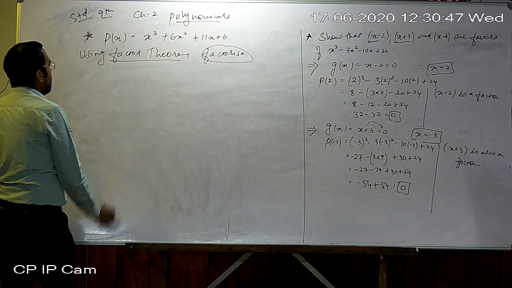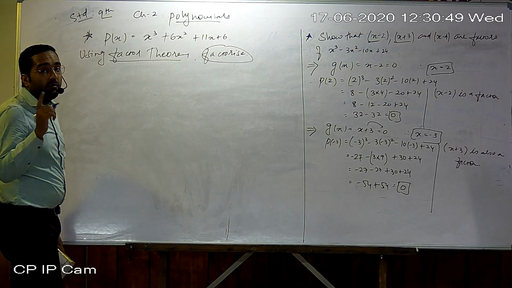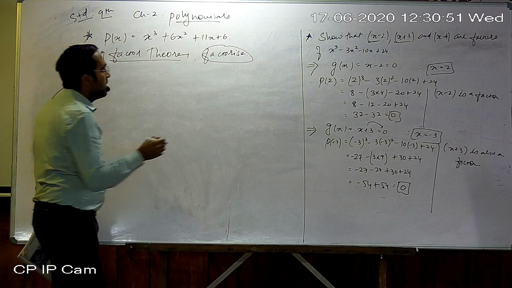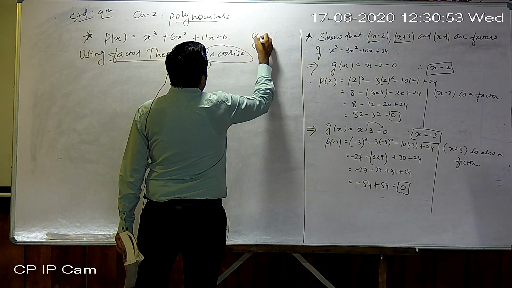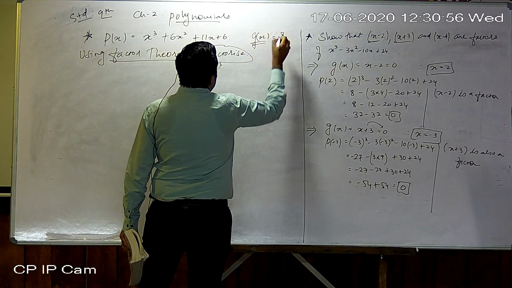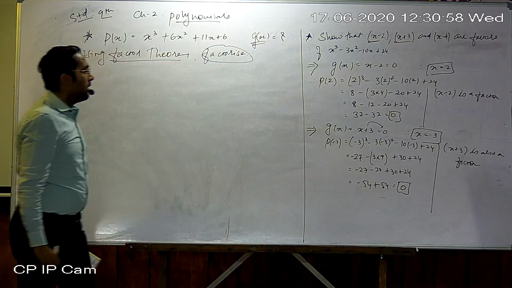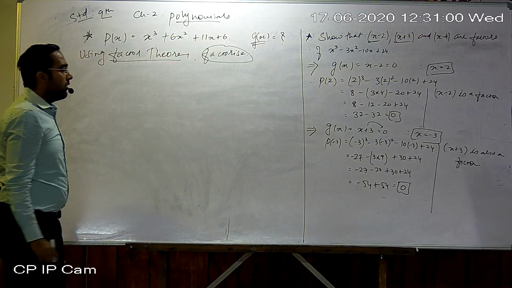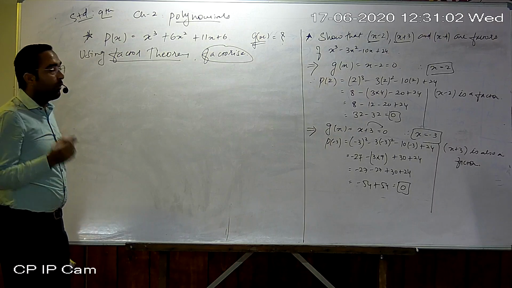So first of all, we have to find any one g of x. There is a g of x missing, so we must find g of x. Okay, then how to find g of x?